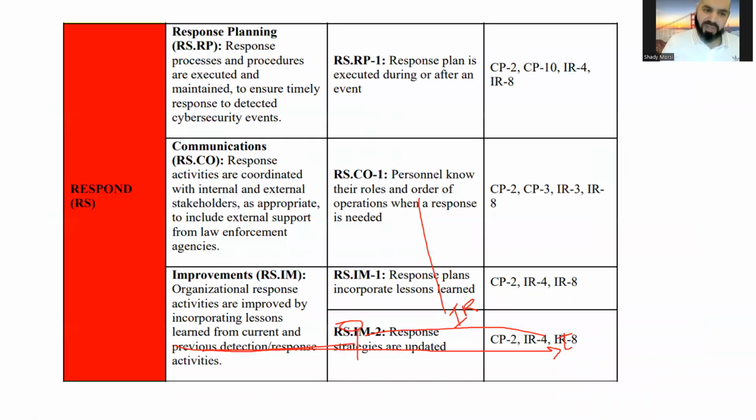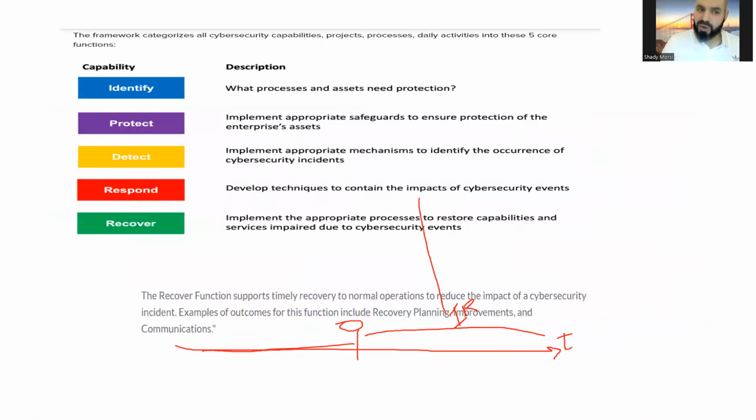Both of them fall into the category of responding. But not everything is in responding, because responding is divided into disaster recovery, business continuity, and incident response. Incident response is a small part of it, and in some cases we need to initiate digital forensics, especially if you are violating the laws or the criminal laws inside your country.